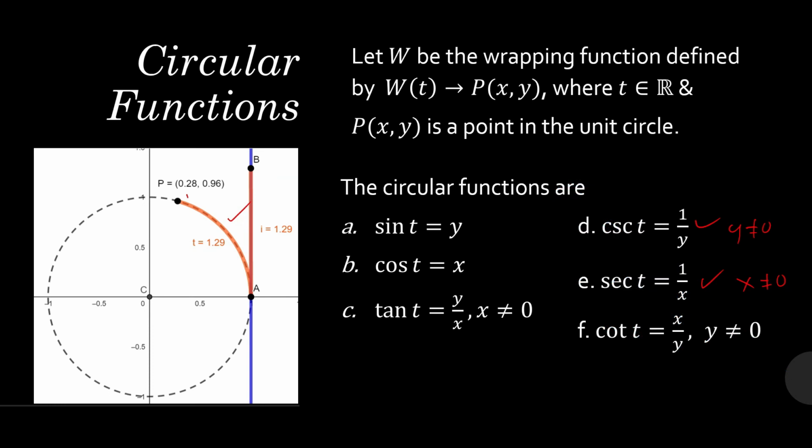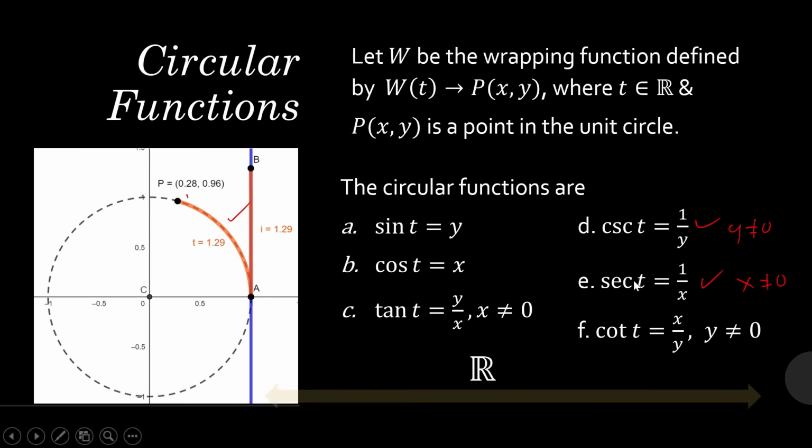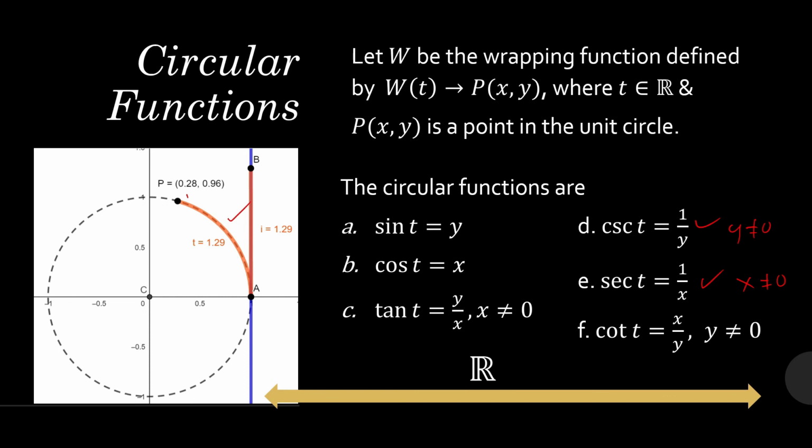When we talk about sine, cosine, tangent, cosecant, secant, and cotangent, we are now talking about the real number line and the corresponding point that we assign to any real number t. That point has a set of coordinates. The y-coordinate of that point is sine of t. The x-coordinate of that point is cosine of t, and so on and so forth.